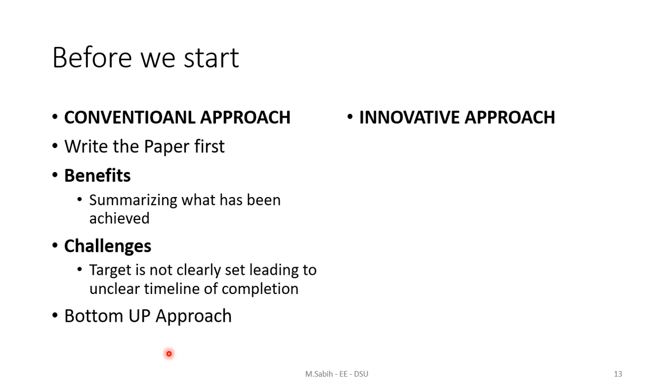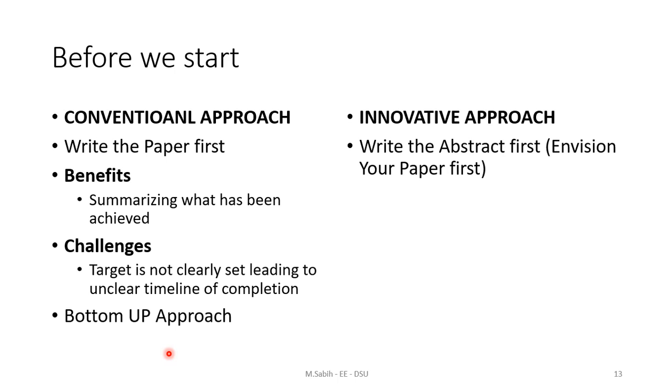The other one is the innovative approach. I say write the abstract first, envision your paper first. And by the way, the first approach, the conventional approach, will bring you a general paper, and the innovative approach is usually used in conference papers. Honestly, the ideas for new disruptive research come from conferences, because, you might remember, when conferences are held, they initially ask you to write and submit an abstract.